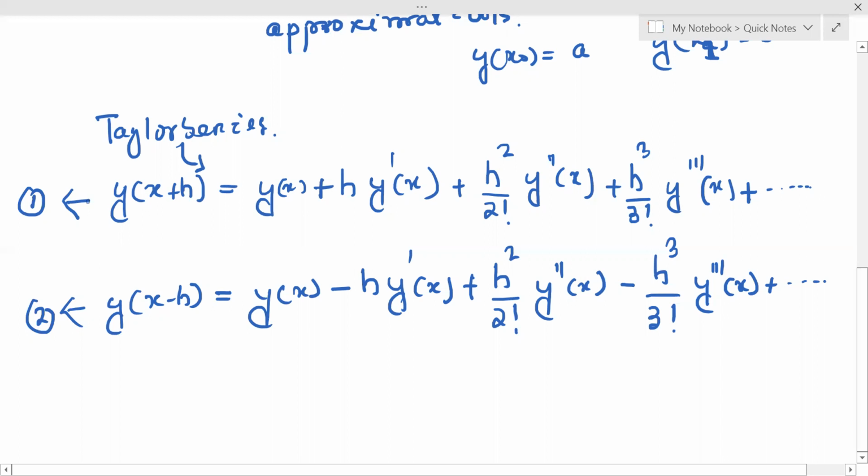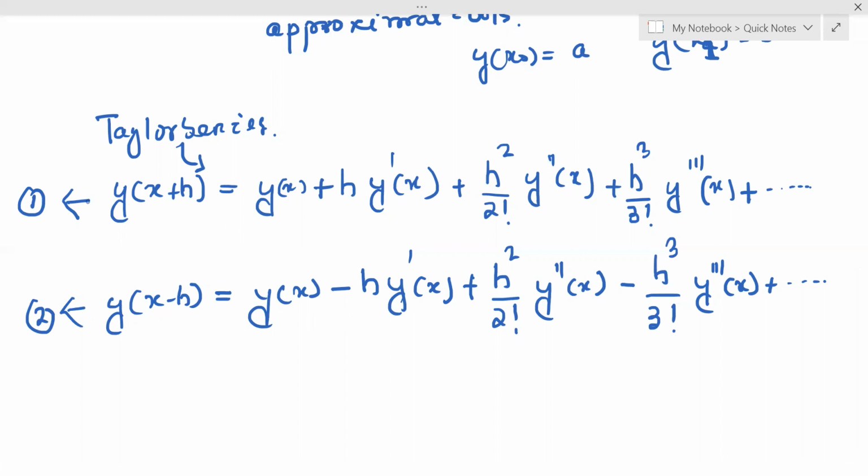What is the result? y dash x is equal to y of x plus h minus y of x minus h, divided by 2h.